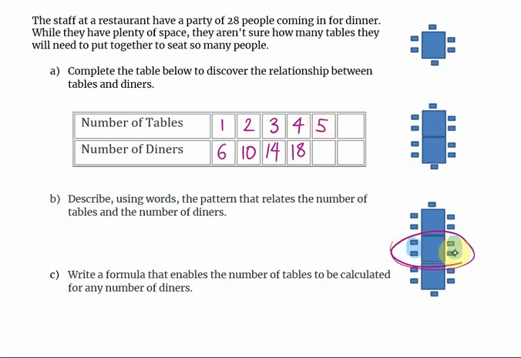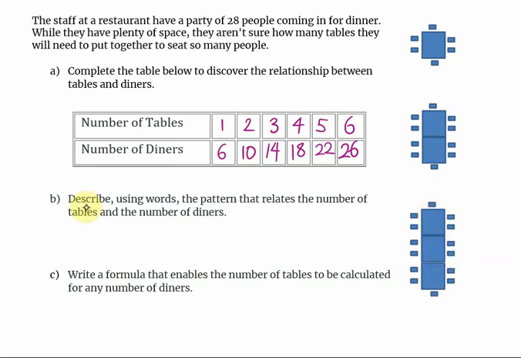We've already got the 2 end tables that have the extra people on them, but any middle tables we add, we'll only be adding 4 more. So 18 from 4 tables, if we add 4 more, that brings us to 22 people seated with 5 tables. If we had 6 tables, once again, that is 4 more people being added. And so that would give us 26 people seated if we had 6 tables.